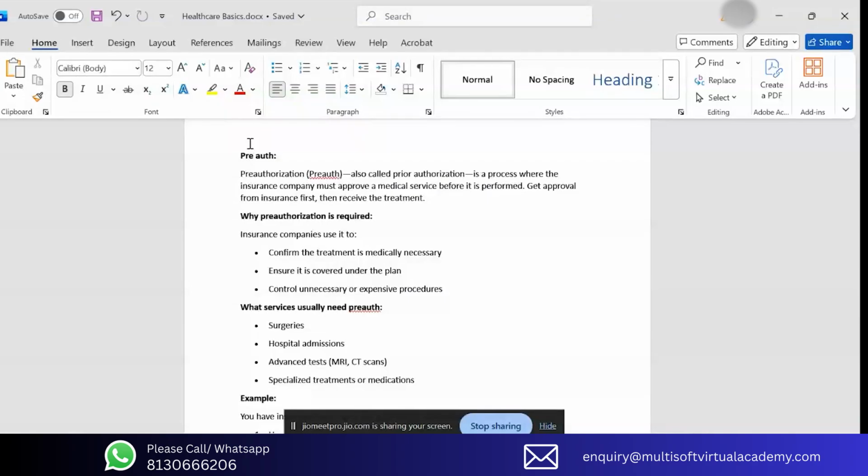Not exactly. Pre-authorization is something like this: let us consider you are a member enrolled with some plan, and there is a necessity for you to take a cataract operation that is going to take a day or less.